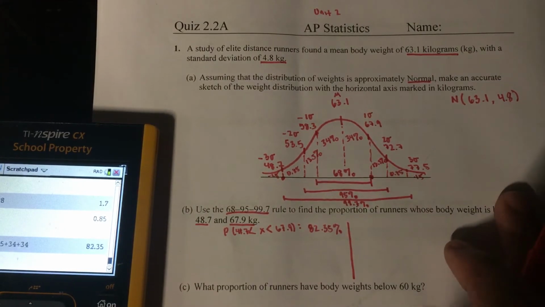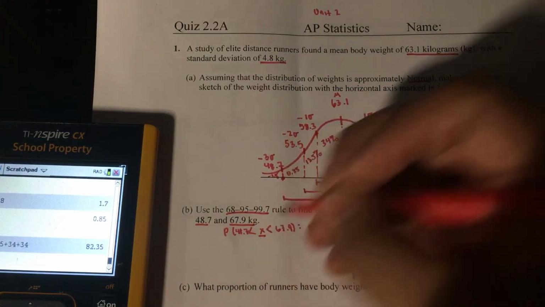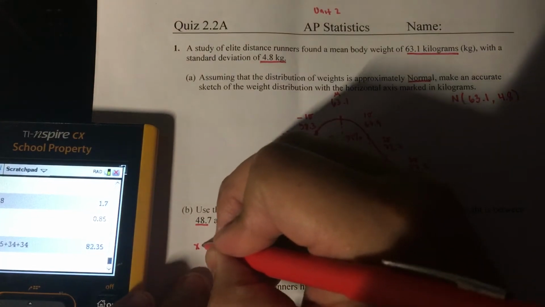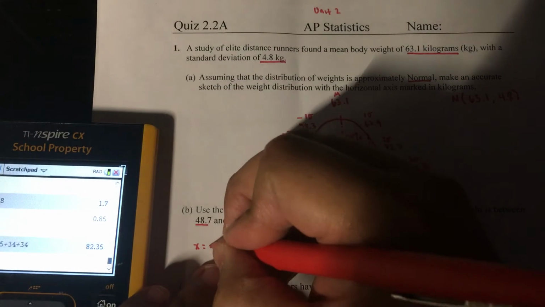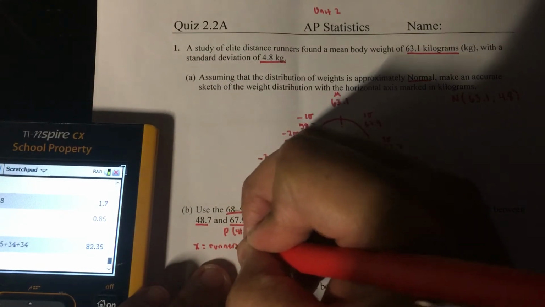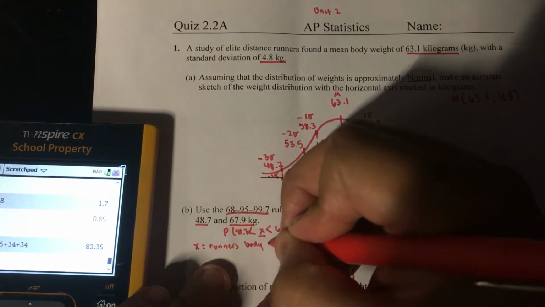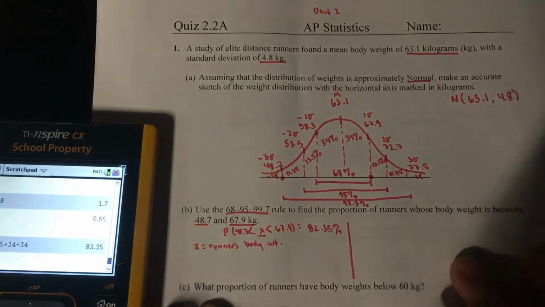Okay, now in order to get this fully correct, guys, I mean, this is the correct answer, but we're going to be pretty picky about these, so I have to define what is x. So here, guys, just go ahead and write to the side, x is equal to the runner's body weight. That way we define it, we know what we're talking about.